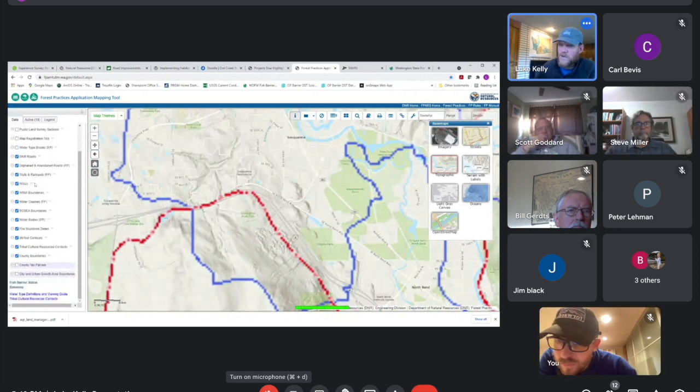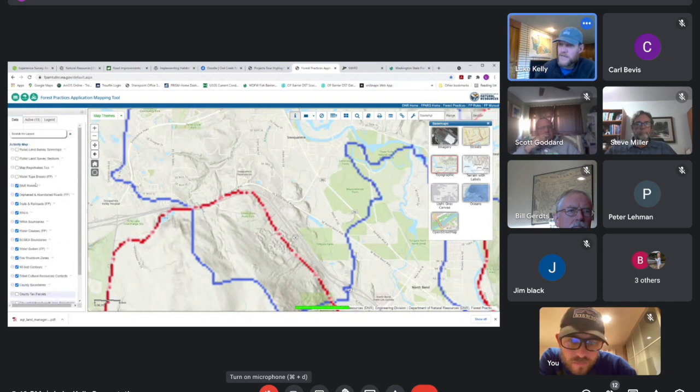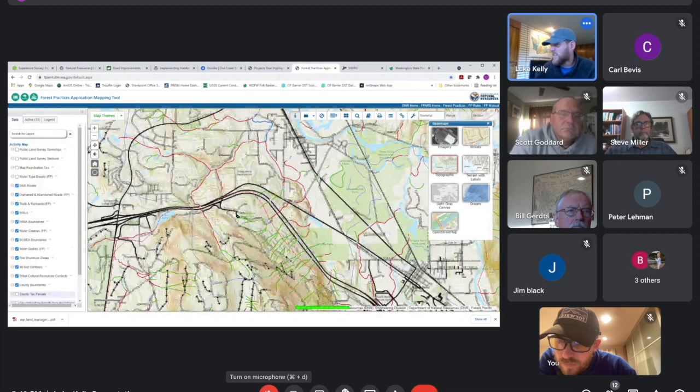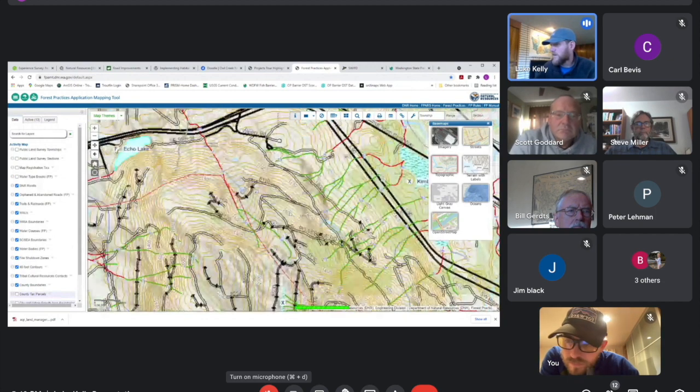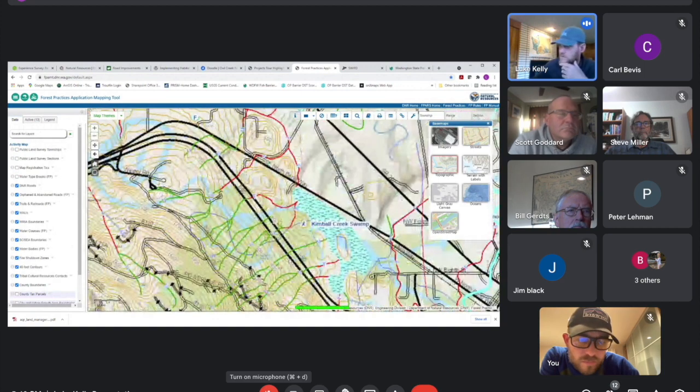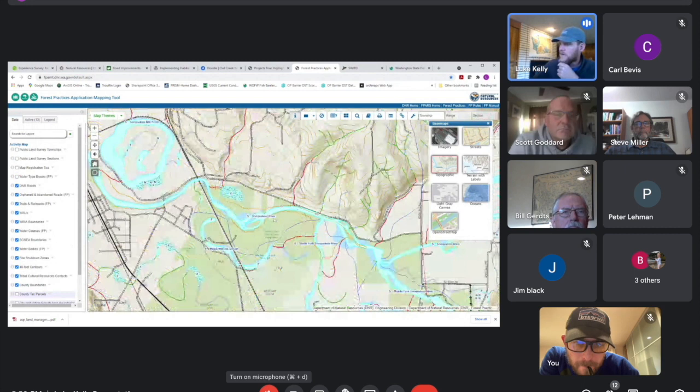And what we want is the stream type maps, and here we go. So they're already highlighted here. We have red is F, fish streams, green is N, no fish. If you ever got excited about a barrier and there wasn't really good information, this is where I often go.